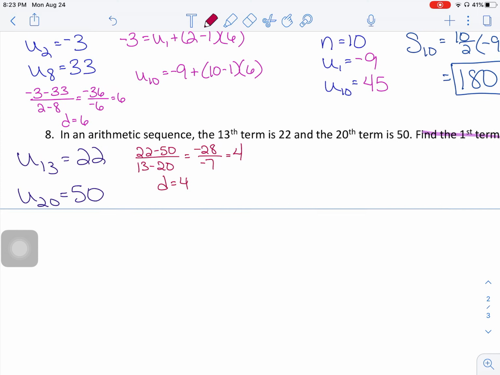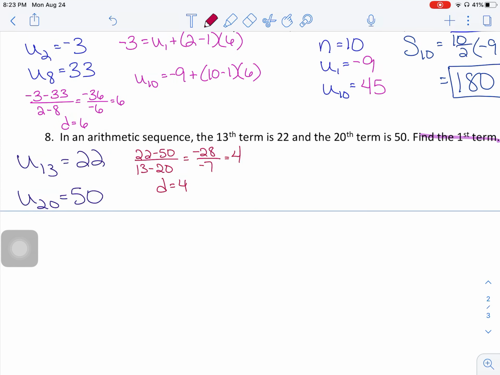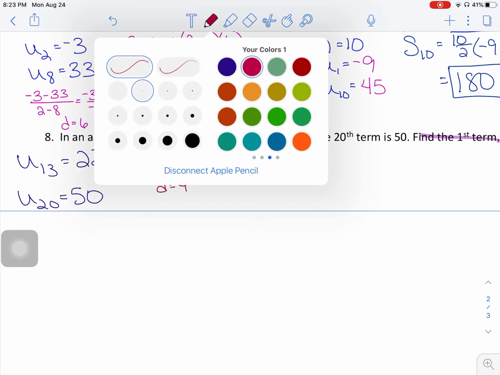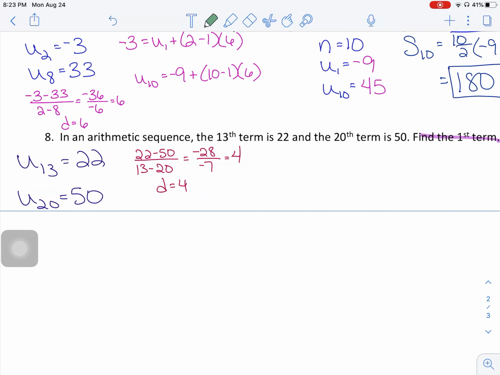And this is where you can pick either u sub 13 or u sub 20. It's not going to matter. You're still going to be able to figure out what your first term is using either of them. For giggles, I'll use u sub 13. So u sub 13 is equal to my first term plus how many terms? Well, I've got 13 terms minus 1 all times my common difference of 4 there.